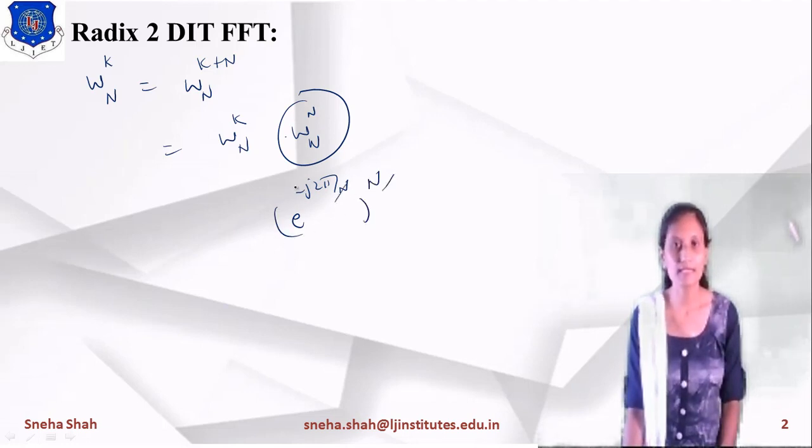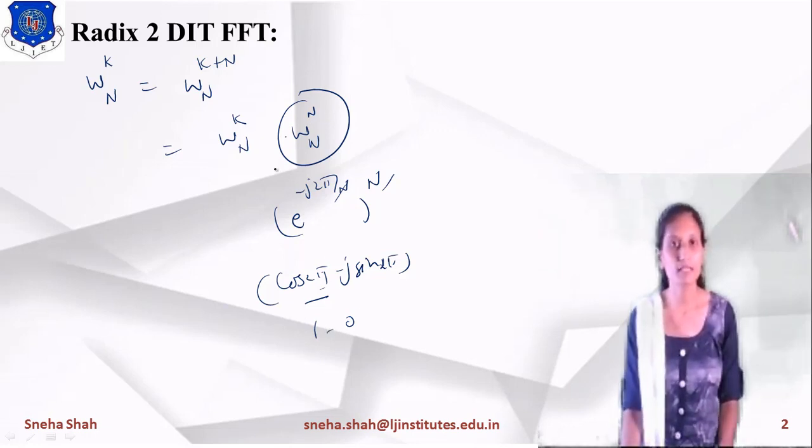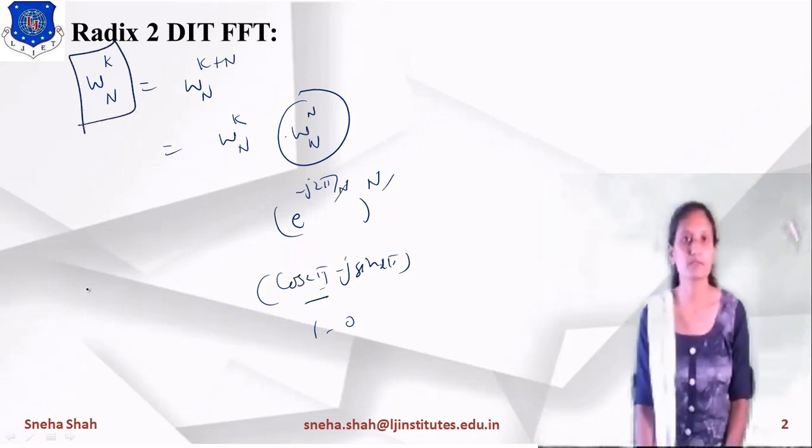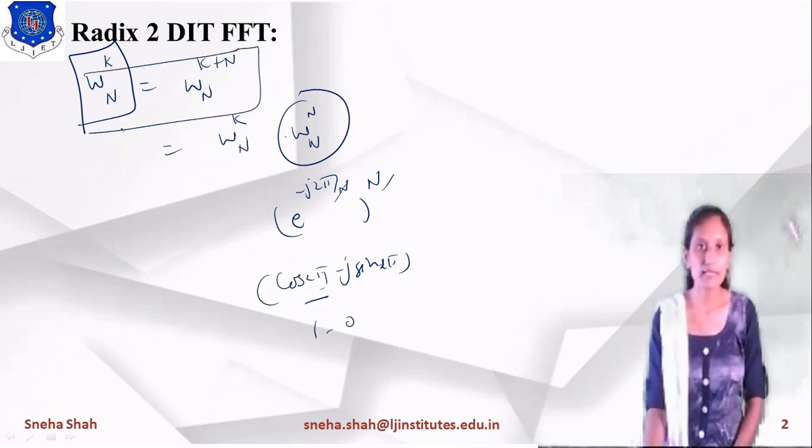This N will be cancelled out, so e^(-j2π). As you know, e^(-j2π) equals cos 2π minus j sin 2π, right? So cos 2π equals 1 and sin 2π equals 0. So 1 minus 0 means this term gives the answer 1. So its value 1 into W_N^k gives the answer W_N^k.